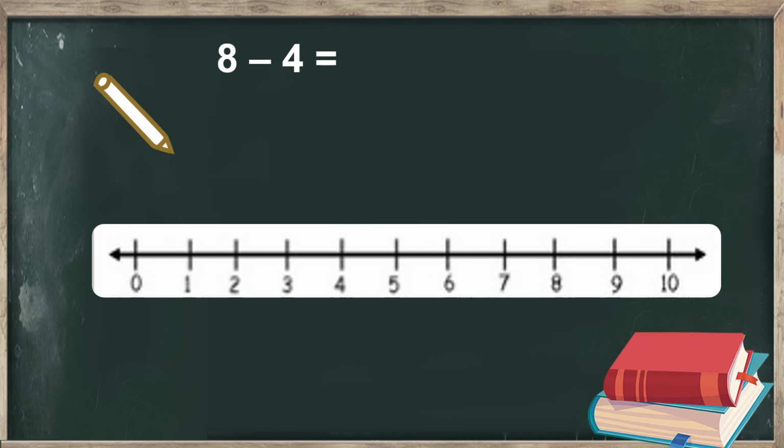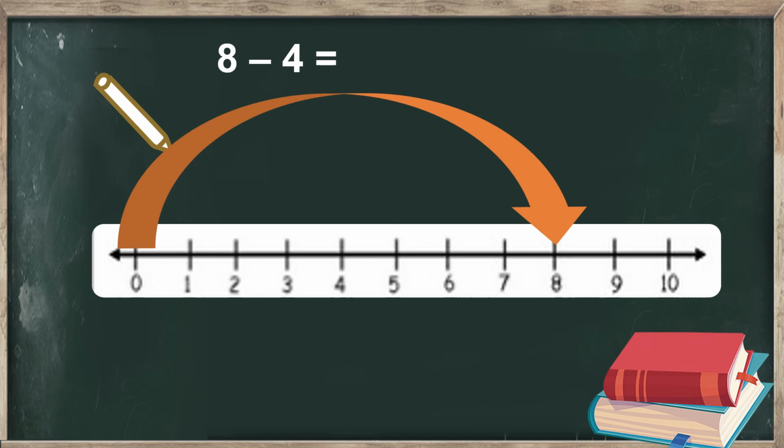8 minus 4. First number is 8, so we will move from 0 to 8. Minus 4. We have to minus 4, so we will move 4 steps backward.